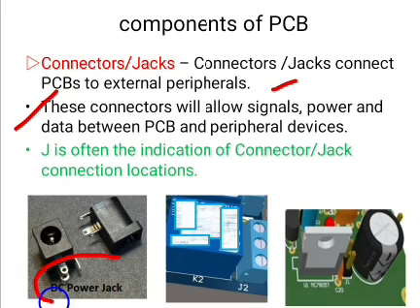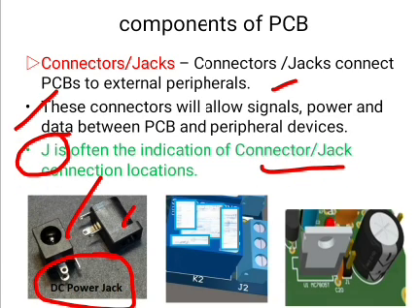So this is the DC power jack. J is often the indication of connector or jack location on the PCB board. So in this figure J2 is indicated. In this figure they are indicated as J1 on the PCB board. So J is often the indication of the connector jack connections on the PCB board.